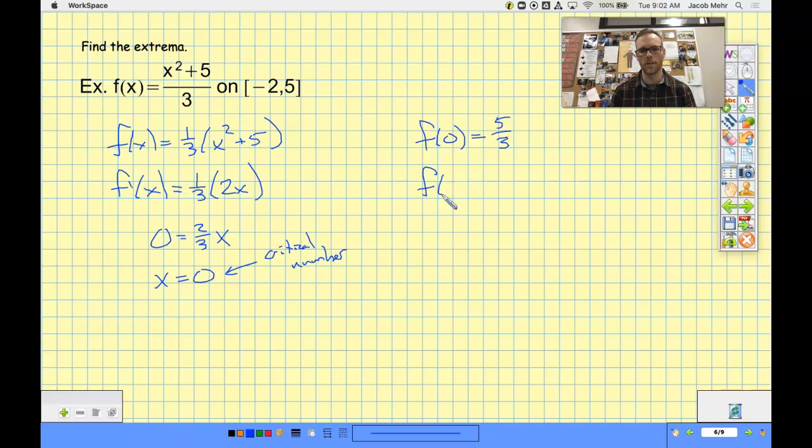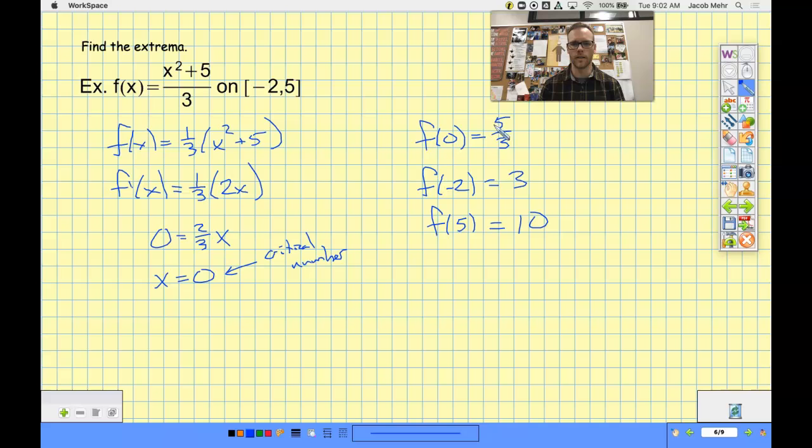So we also have to evaluate at -2 and 5. When we substitute -2 in, -2 squared is 4, plus 5 is 9, divided by 3, that's 3. f of 5 is 30 divided by 3, which is 10. So what do we notice about this?